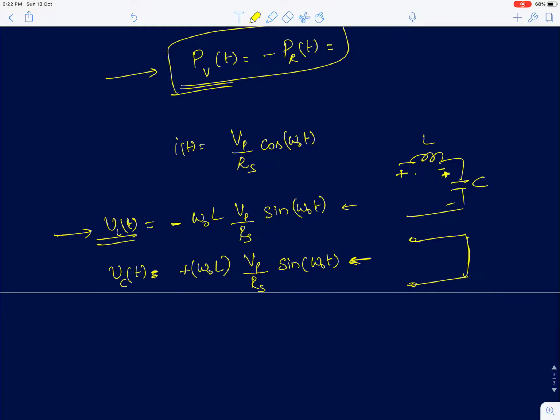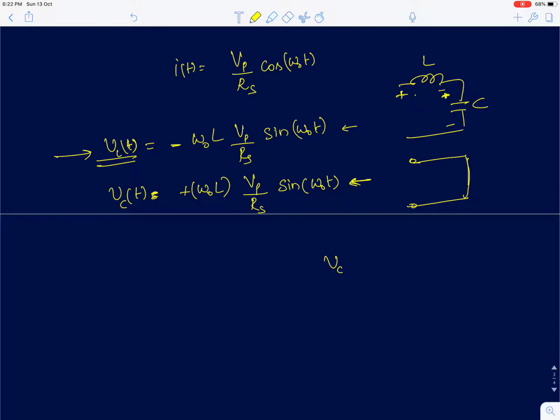So therefore we got an equation that Vc of t plus Vl of t is equal to 0.